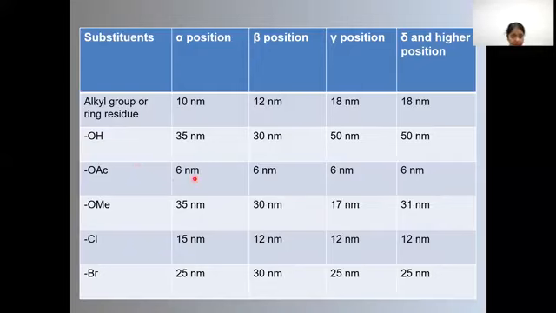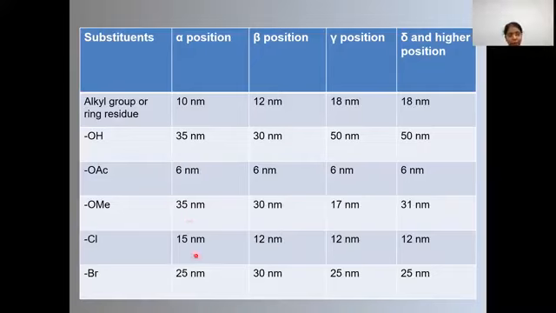For acyl group, 6 nanometer, 6 nanometer, 6 nanometer. For the OR group, methoxy group, when it is on the alpha position, 35 nanometer, when it is on beta position, 30 nanometer, when gamma position, 17 nanometer, and when delta position, 31 nanometer.